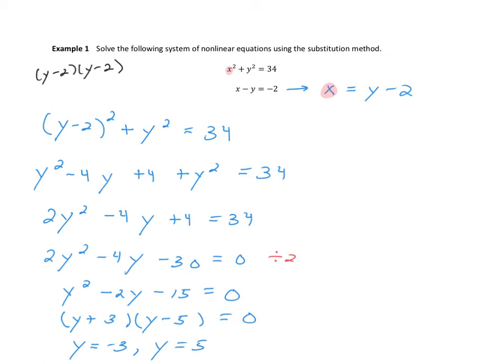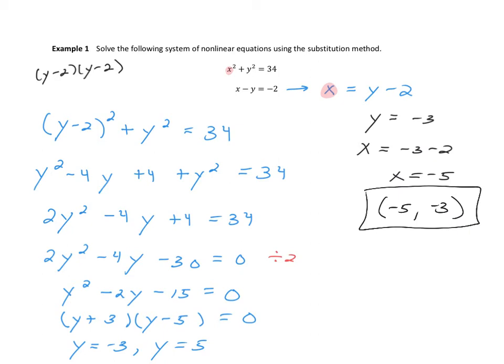Now these are just y values. We actually need points. To solve for the corresponding x values, I'm going to use this equation here. So to start with, when y is equal to negative 3, x is equal to negative 3 minus 2, or negative 5. This means our solution is negative 5 for x and negative 3 for y.